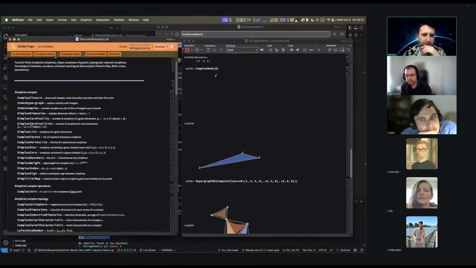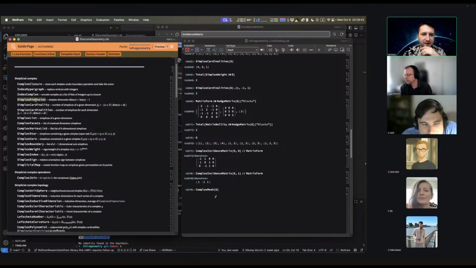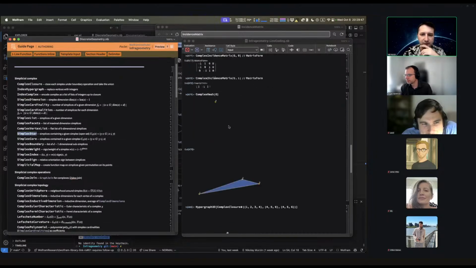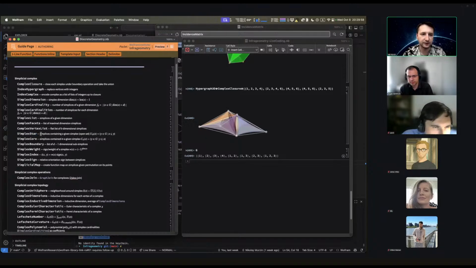So we have these complexes just represented as a list of simplices, and a bunch of topology-related functionality. For example, if you have a complex like that, the definition of a star of a simplex, where you take this and map it, in a way represents the topology of that complex.